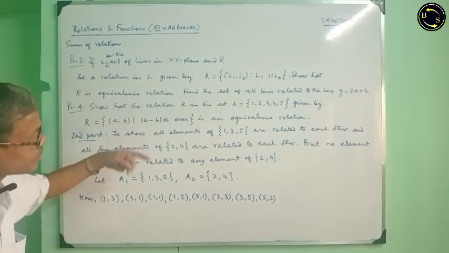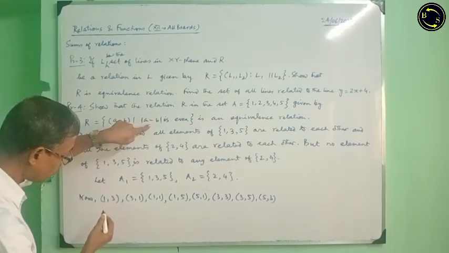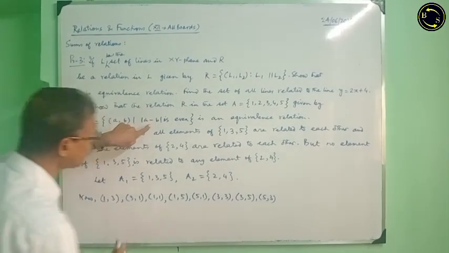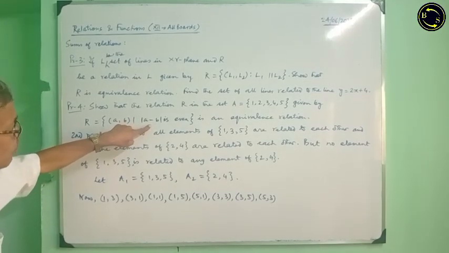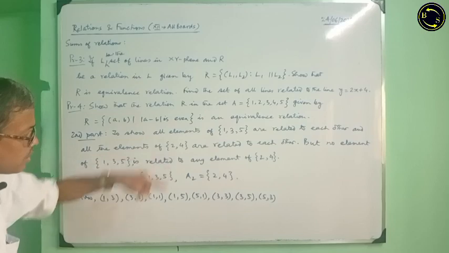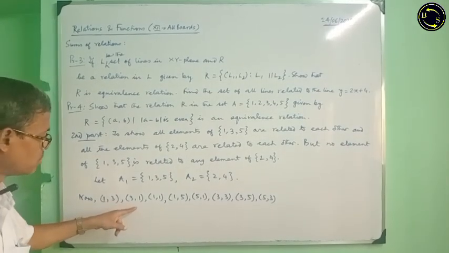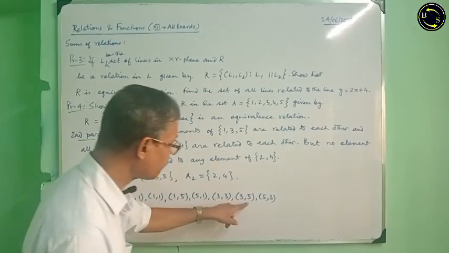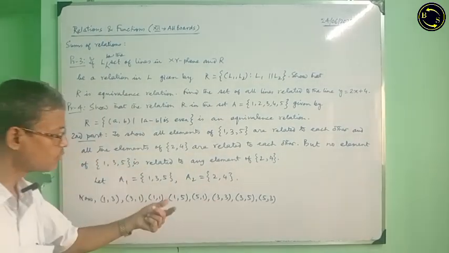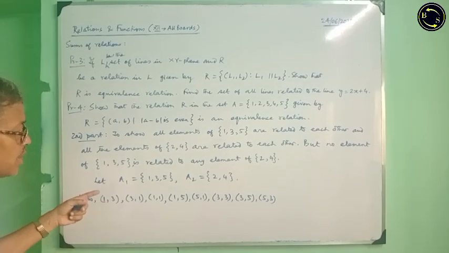As per this definition, each of all these ordered pairs obeys this condition: (1, 3), (3, 1), (1, 5), (5, 1), (3, 5), (5, 3). The difference of components is even.